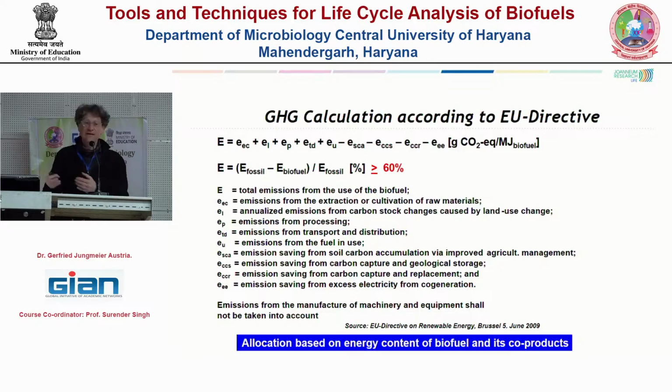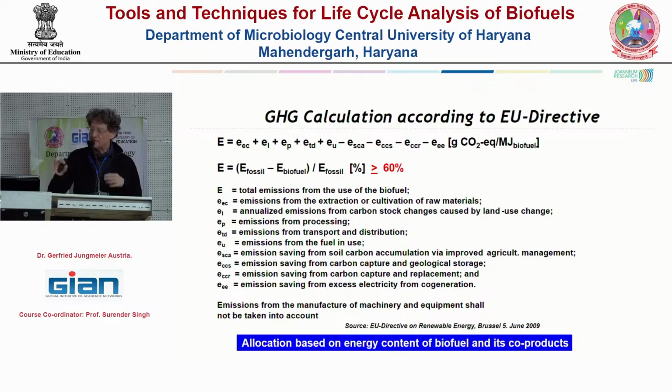So at least these values are 50 to 20% better compared to a total LCA. The reason for that is they stop at the biofuel, so their functional unit is grams CO2 equivalent per megajoule fuel. They say this directive is mainly relevant for all biofuel producers. They cannot change the vehicles, they have no influence on the vehicles, so their business is making biofuel.